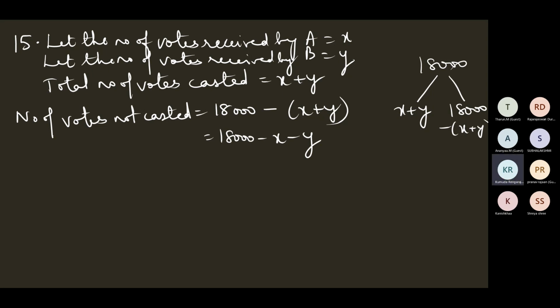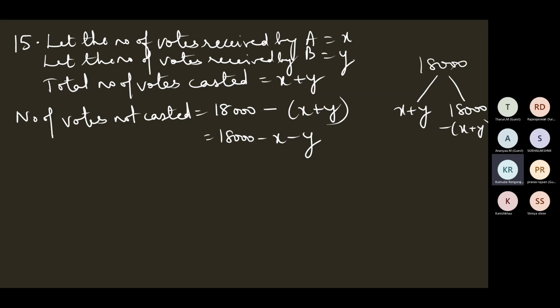There are two contestants. A receives X votes, B receives Y votes. So total number of votes cast, X plus Y. But how many people are there in the list? 18,000. Have all the 18,000 people cast their votes? No. Some of them have not used their votes. But how many have cast?